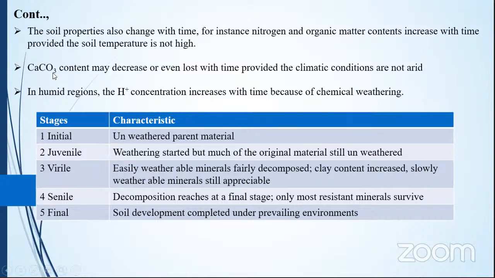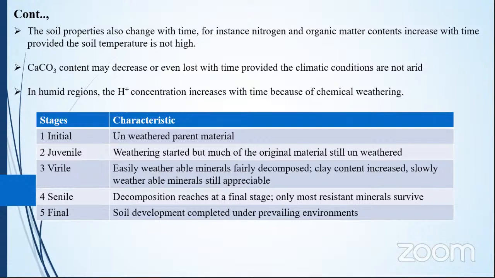That is not the case in arid conditions, where we can see accumulation of CaCO3. In non-arid conditions, the losses will be very high. At the same time, in humid regions, the H+ ion concentration increases because of chemical weathering. In humid regions, due to the humid conditions, the H+ ion concentration will be very high in chemical weathering.